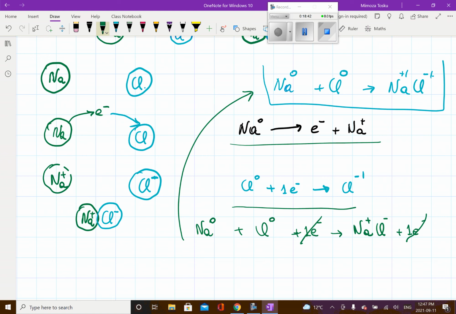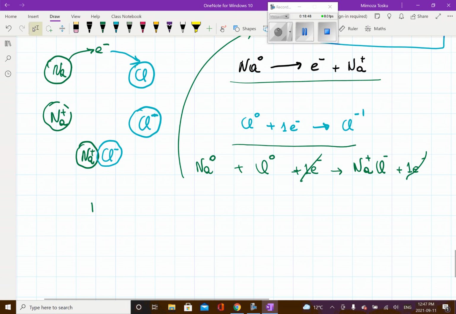Okay, so in this reaction, what we see is that sodium is losing one electron. Based on OIL RIG, losing the electron means that sodium is oxidized.